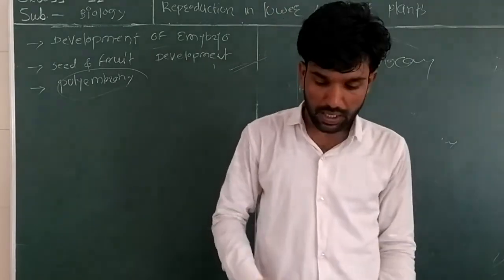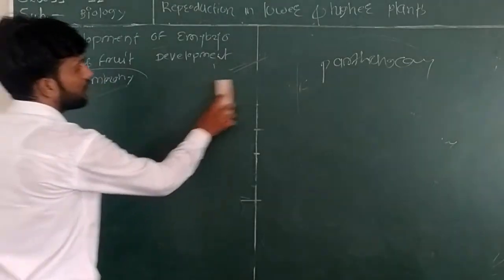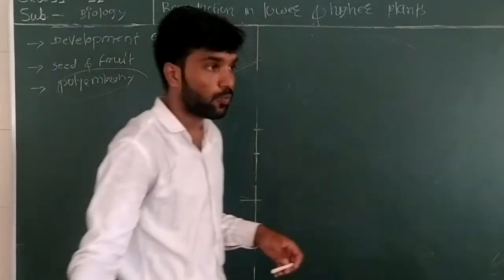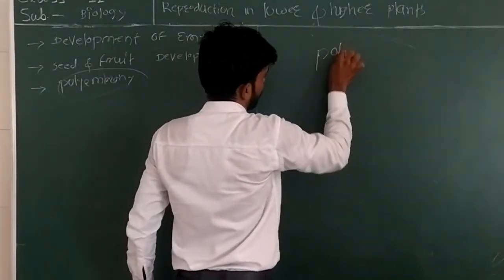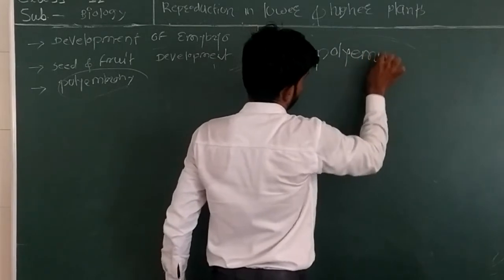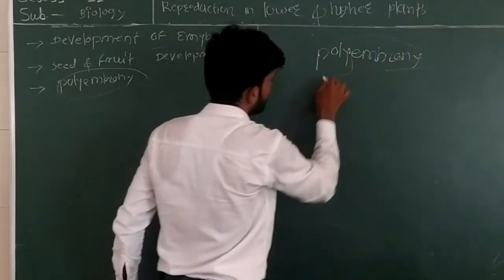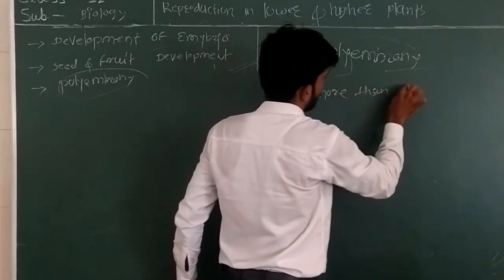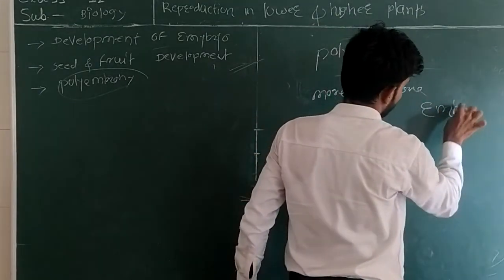Last is polyembryony. Poly means many, or more than one, and embryo means embryo.